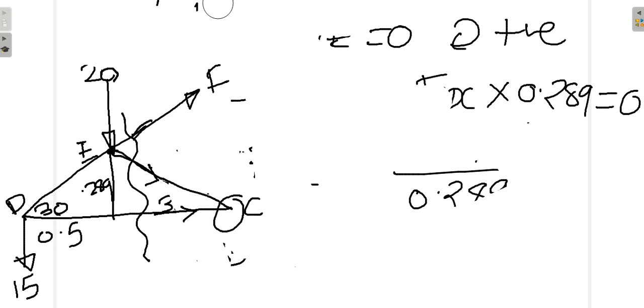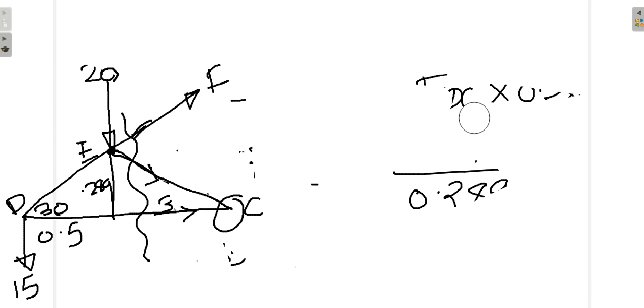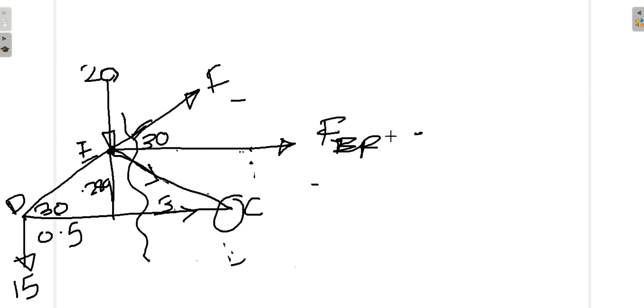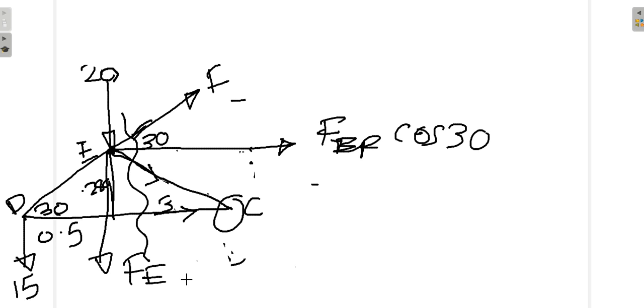Now before we take moments about point C, it is necessary to resolve the force EF. So let us resolve the force EF. You can see here, this angle is 30 degrees. So one component is FEF cos 30, and the other will be FEF sin 30.